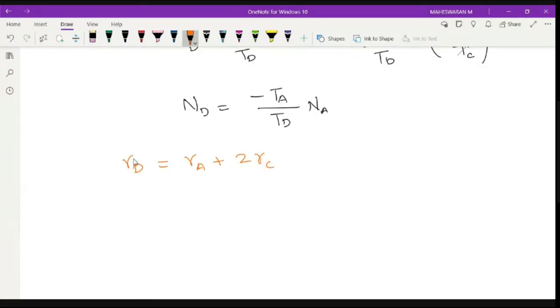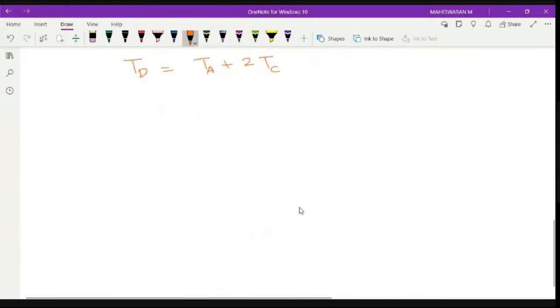Since it is proportional, I will write it like this: TD is equal to TA plus 2 times TC. I want TC, so how to identify TC now? TC is equal to TD minus TA divided by 2.